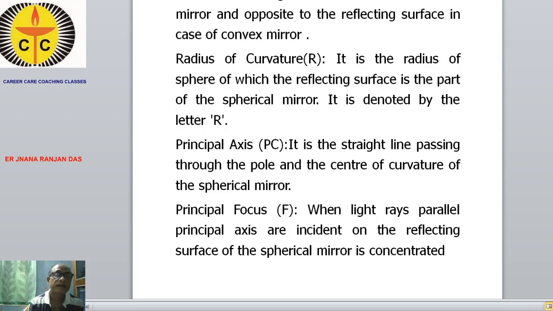All reflected rays meet at a point on the principal axis in case of a concave mirror.